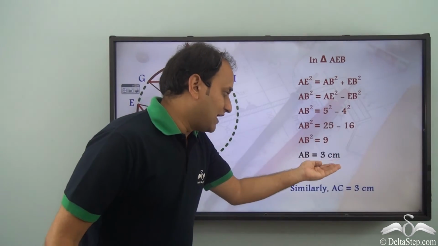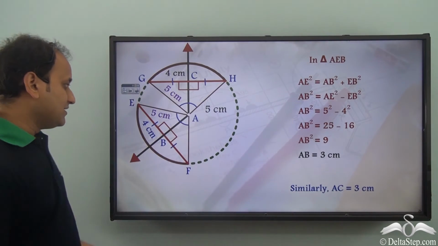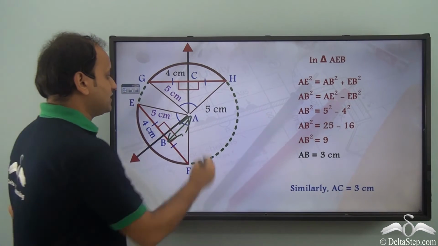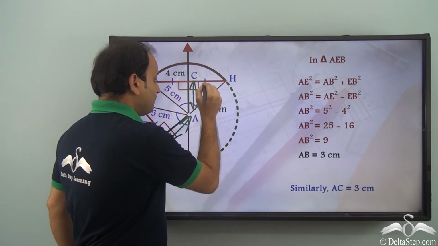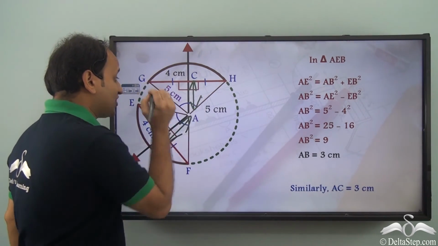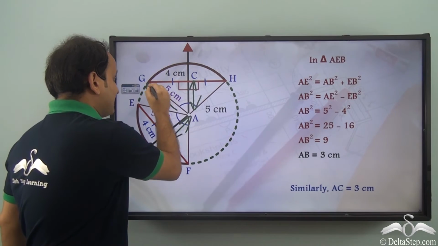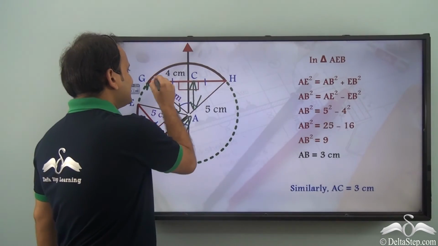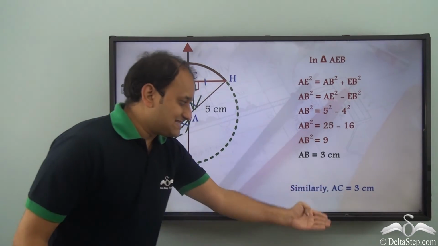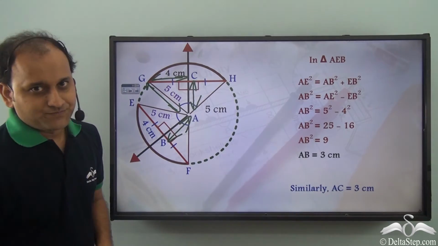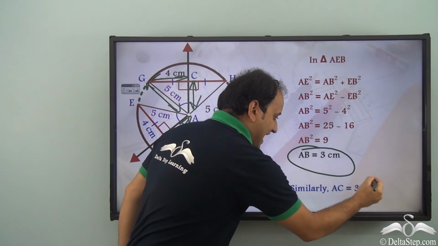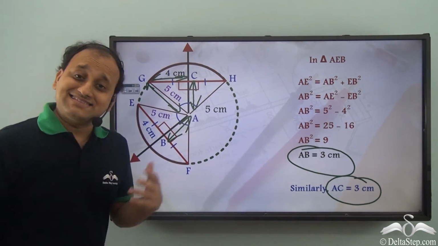So we have got the value of AB as 3 centimeters, and similarly, a similar calculation will give you the value of AC, which is also 3 centimeters, because again we have a right angle triangle where the hypotenuse is 5 centimeters and the base is 4 centimeters. So AC is also 3 centimeters. So this is our final answer. AB is 3 centimeters and AC is 3 centimeters.